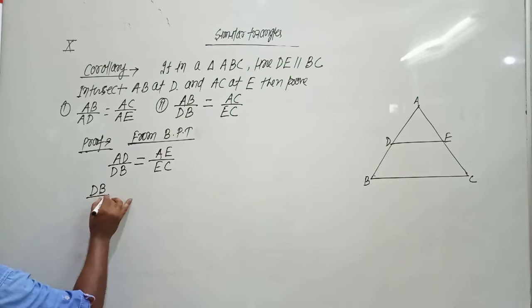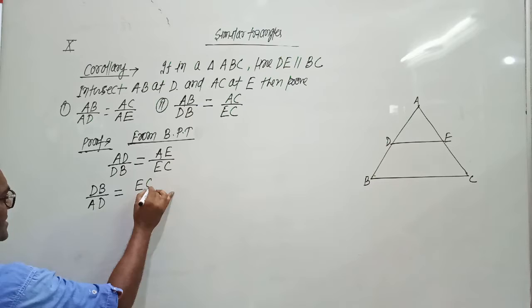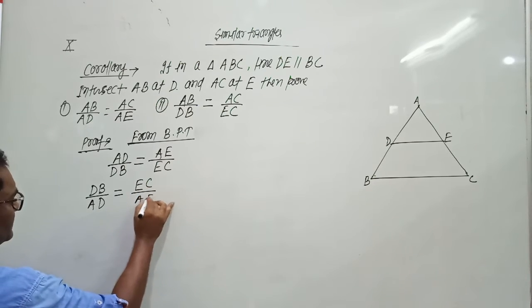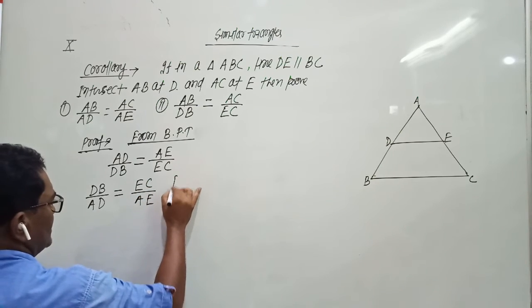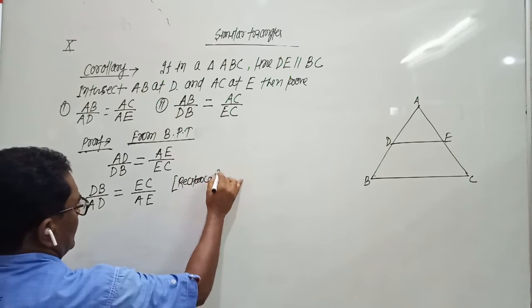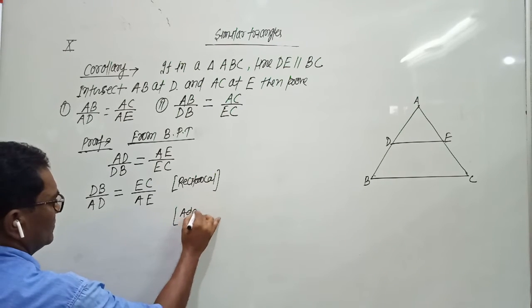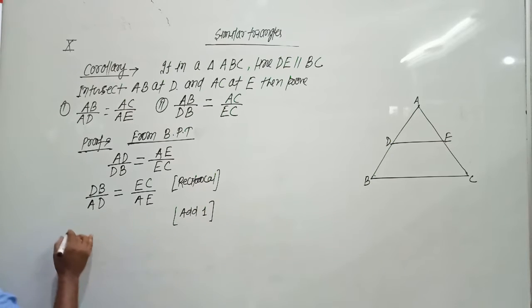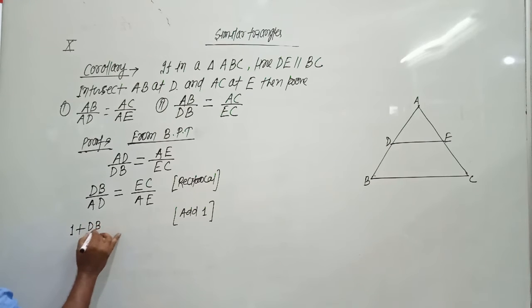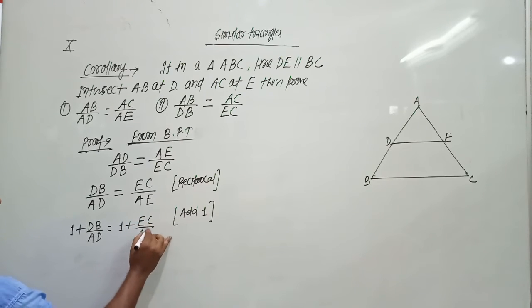So we can write also DB upon AD equals to EC upon AE. Then add 1 both sides. So 1 plus DB upon AD equals to 1 plus EC upon AE.